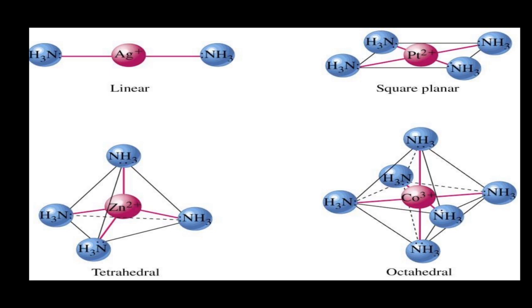This is a tetrahedral complex of zinc in which zinc is the central metal ion and the four ligands are surrounding this metal tetrahedrally. This is an example of an octahedral complex of cobalt with 6 ammonia ligands.